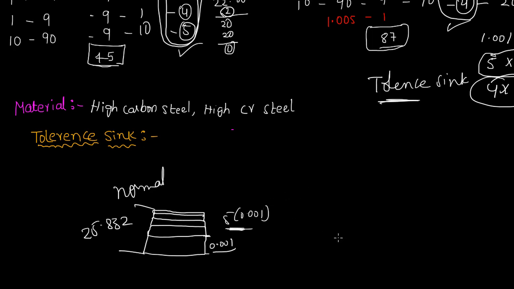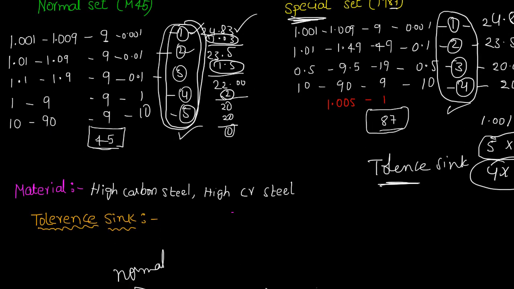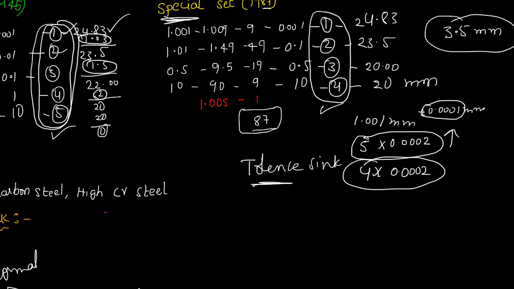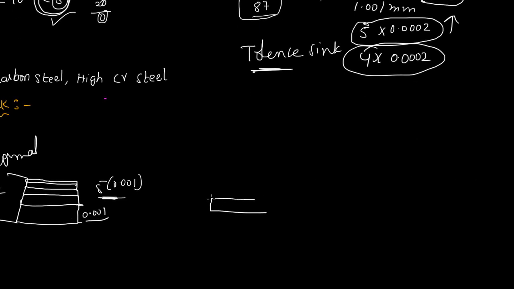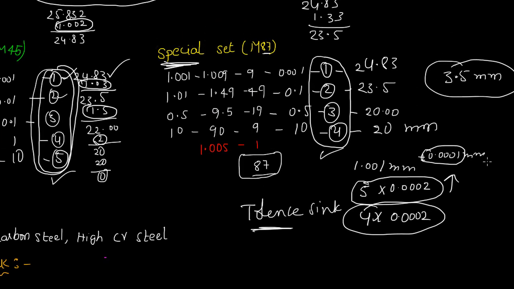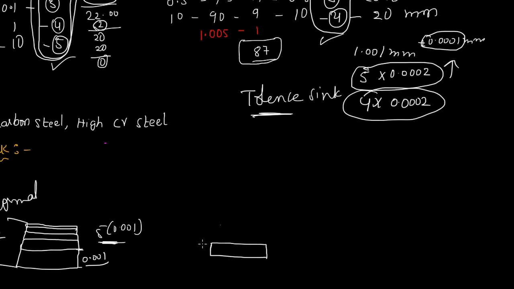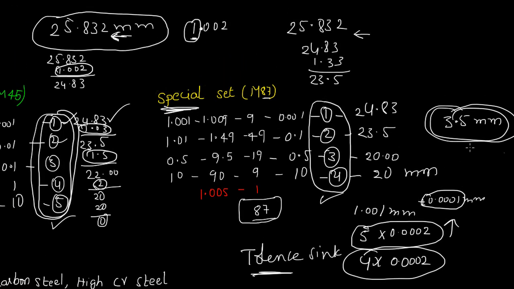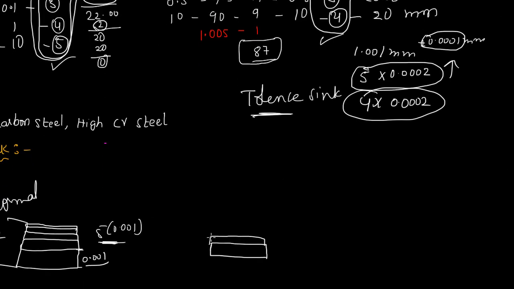Okay, now come to the special set. The first one is 20, what is the thickness? Yeah, 20 mm. So it is a 20 mm slip gauge I am using, and above that I am using a 3.5 mm slip gauge, and over that I am using 1.33 mm, and over that 1.002.